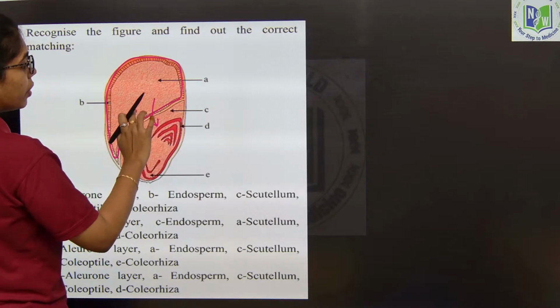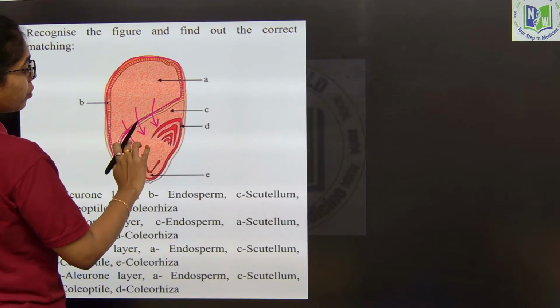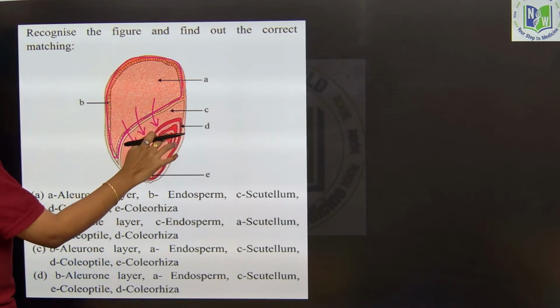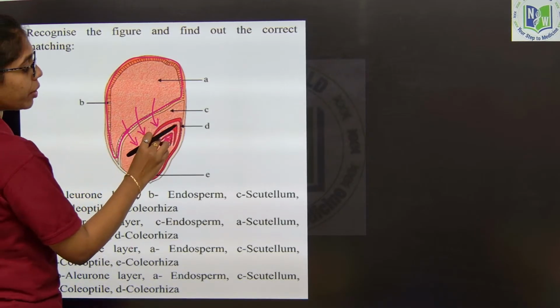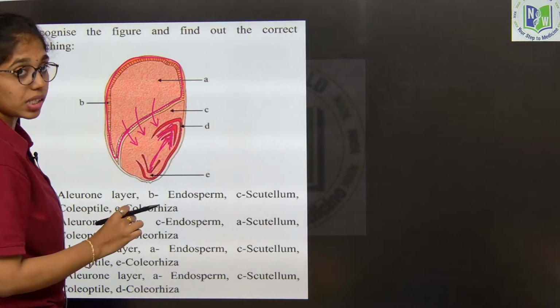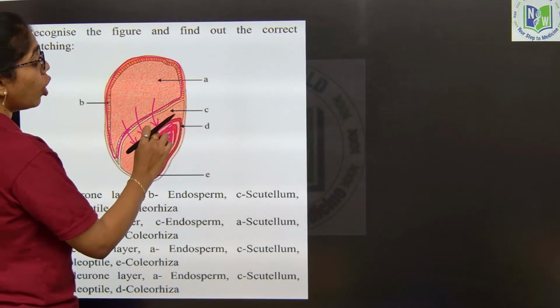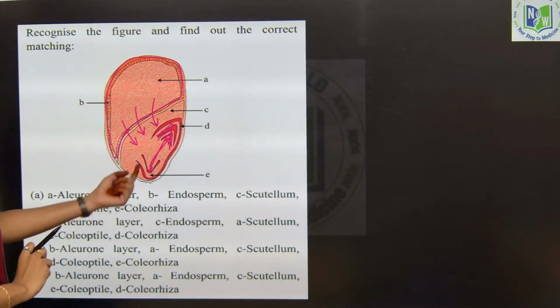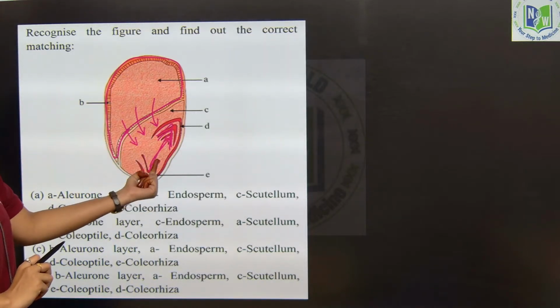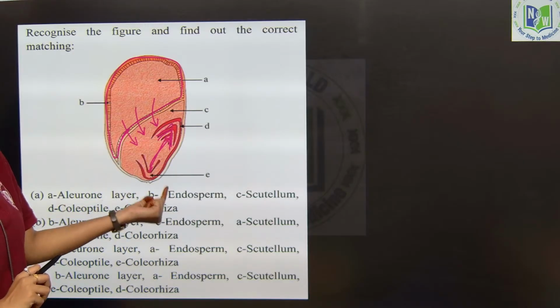This scutellum will derive the nutrients from the endosperm and give them to the embryonal axis. From this embryonal axis towards the upper side it will develop into plumule. Over the plumule the covering sheath is called coleoptile, and at the lower side the radicle is covered by coleorhiza.